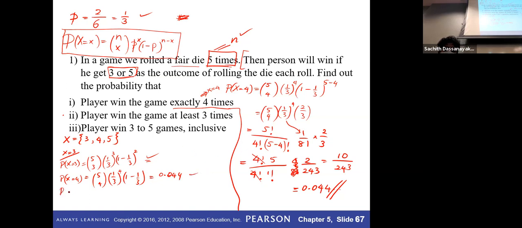Third one, probability of x equals 5: 5 choose 5, times 1/3 to the power x, which is 5, times 1 minus 1/3, or 2/3, to the power n minus x. n is 5, x is 5, so 5 minus 5 is 0.